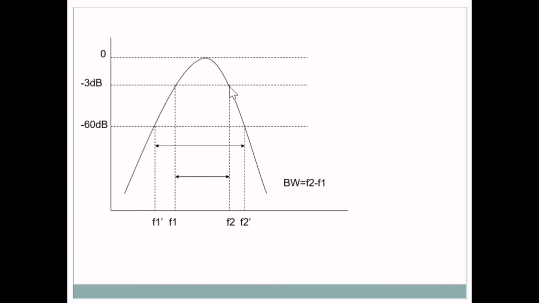To get the bandwidth, you just subtract F1 from F2, so bandwidth is equal to F2 minus F1. Similarly, at the point of -60 dB, if you need to get the bandwidth, you use F2 prime minus F1 prime.